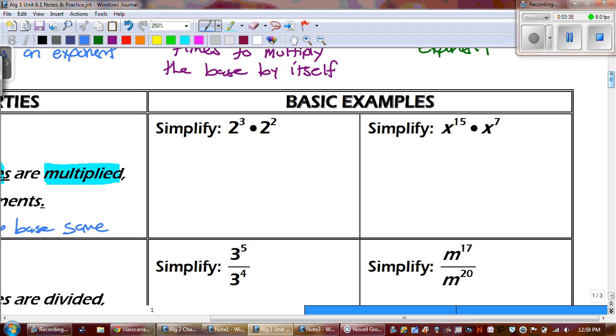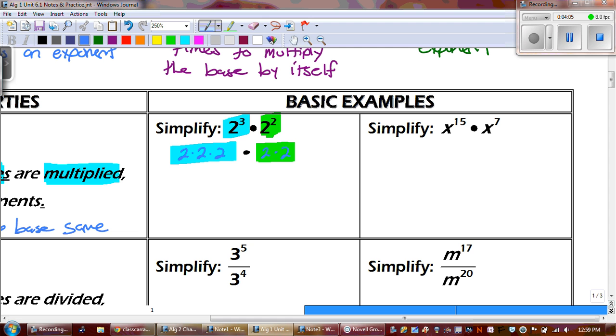Now, if we were to write 2 to the third out the long way, well, first let's see how they have the same base. So now let's just talk about 2 to the third. 2 to the third means 2 times 2 times 2. There's our big multiplication sign right there. And what about that second one? Well, that second one means 2 times 2.